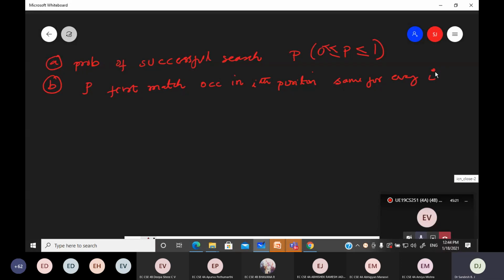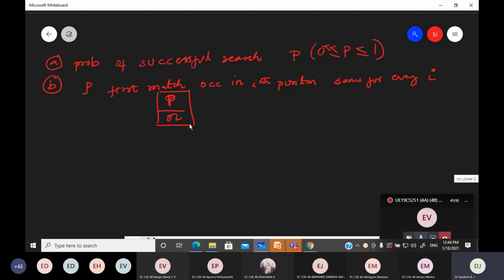So the probability of first match occurring in the ith position is the same. So what could be the probability if it is the same? It will be P by N. So it's equally probable that you may find it at the first position, second, ith or nth position. So the probability will be P by N.